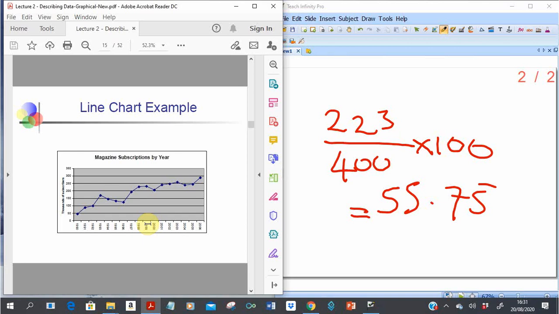This is some data also from 1990 to 2006, the magazine subscription by year. So this is an example of time series data.